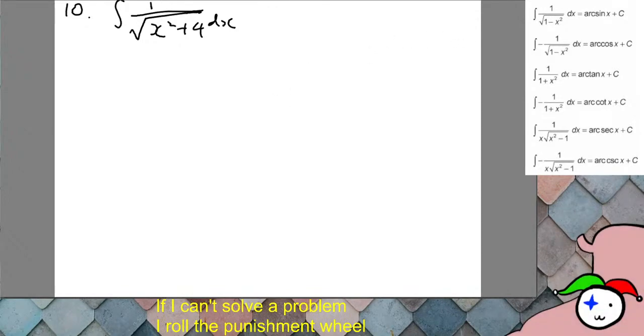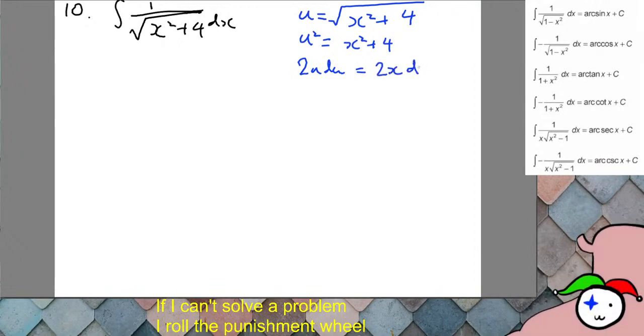Let's use something similar to what I did before and progress there. If it doesn't work, I'll backtrack. We can do u squared is x squared plus 4. Then this becomes 1 over u, but then we have 2u du equals 2x dx.